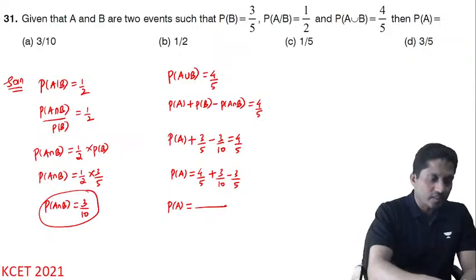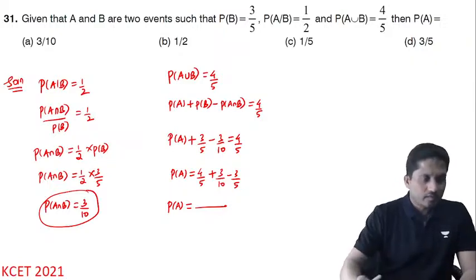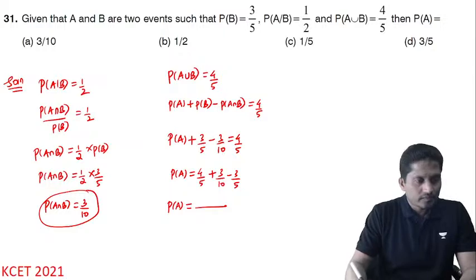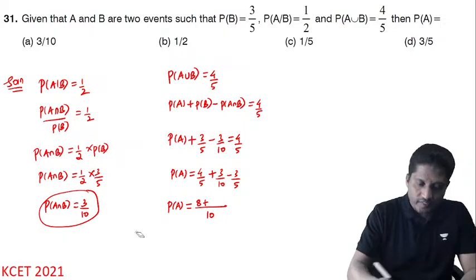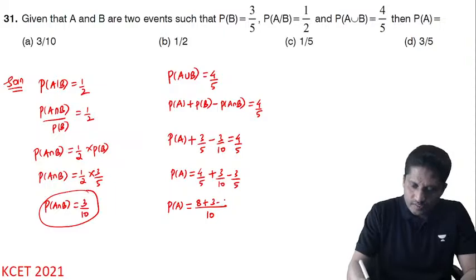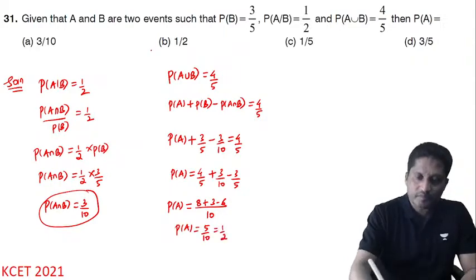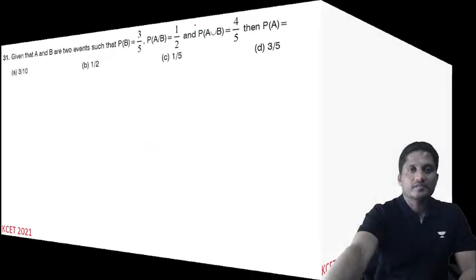Now if I take LCM as 10, this should be equal to 8 plus 3 minus 6. Now P of A is equal to 5 by 10, which is equal to 1 by 2. Answer is option B. Let's move to the next question.